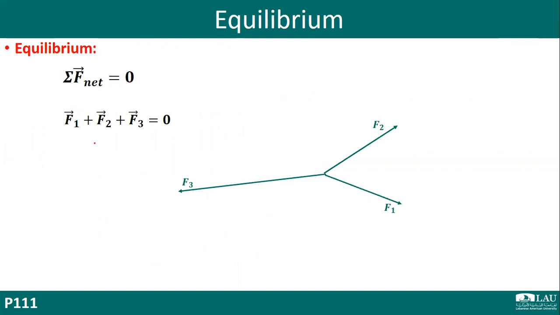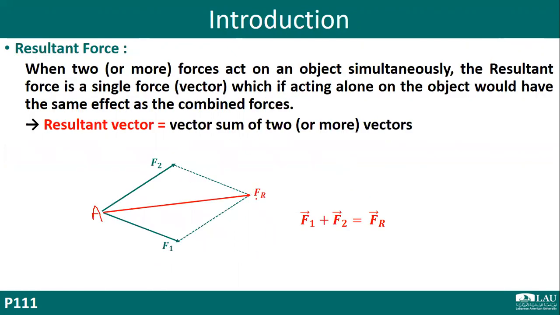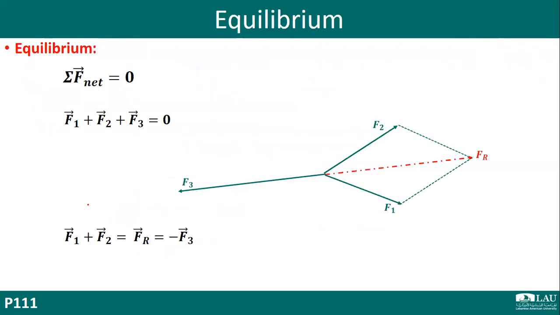To have an equilibrium, F3 is the equilibrium force. The equilibrium force is different from the resultant force. If you still remember, we defined the resultant force as the summation of two forces. The equilibrium force, F3, has the same magnitude but the opposite direction.